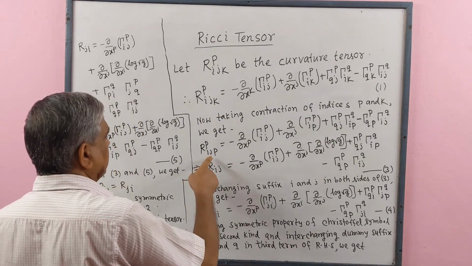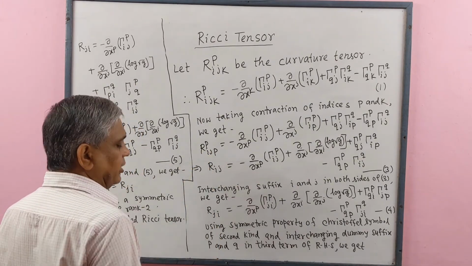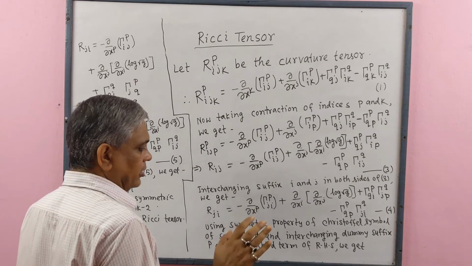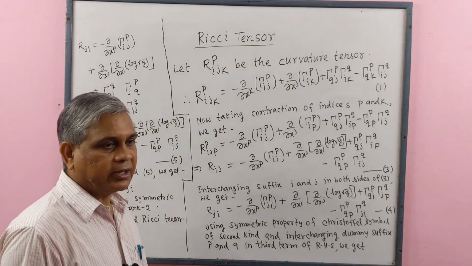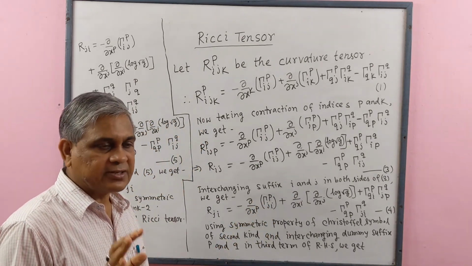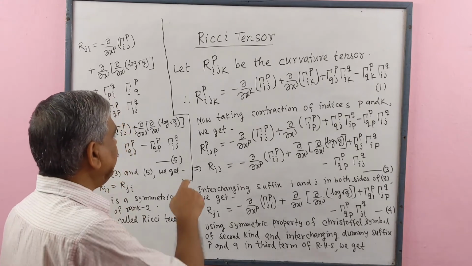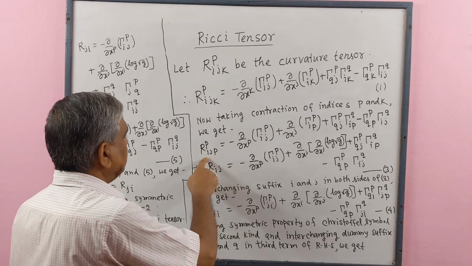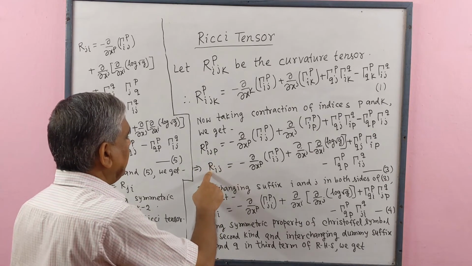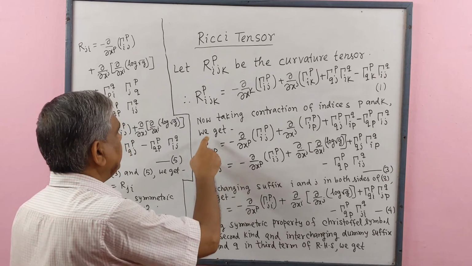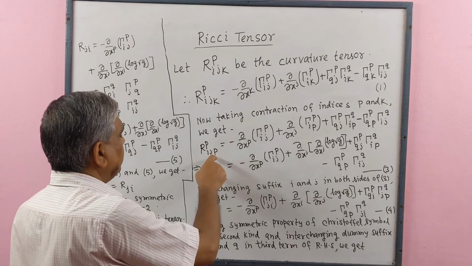Now, since it is the contraction, in contraction we know that the rank of the tensor is reduced by 2. So we may write this tensor as R_ij. Here it was rank 4.